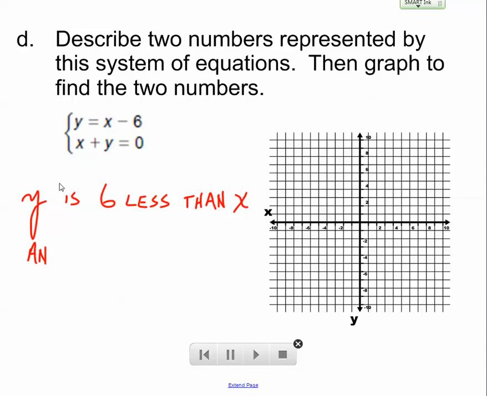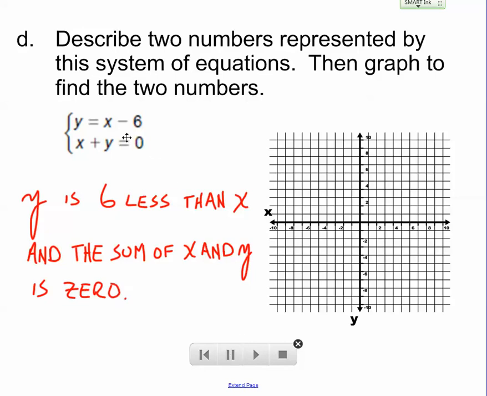And because we have a second equation, the sum of x and y is 0. So that's what this system of equations says. It says that one number, y, is 6 less than the other number, x, and it also says that the sum of the two numbers is 0.